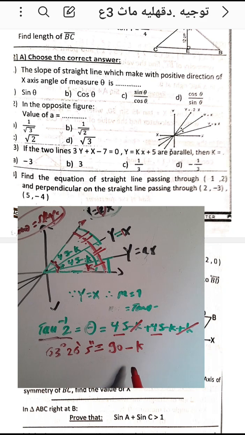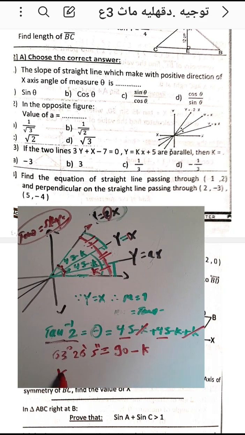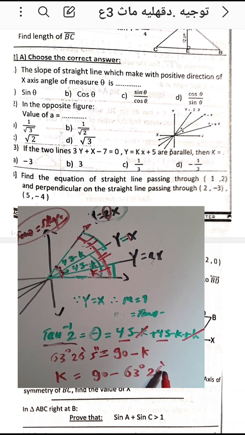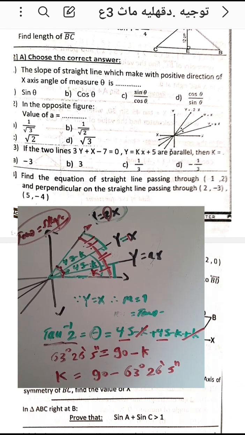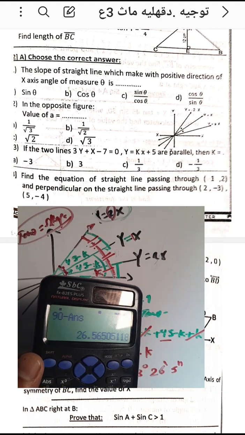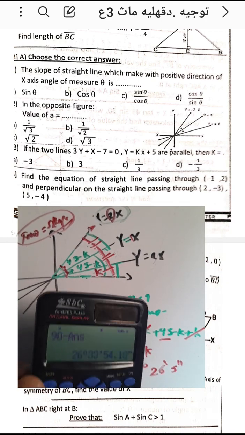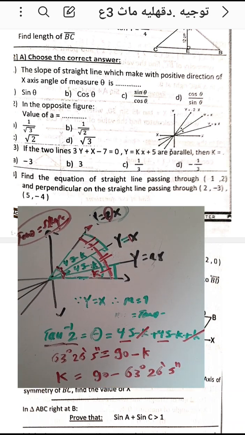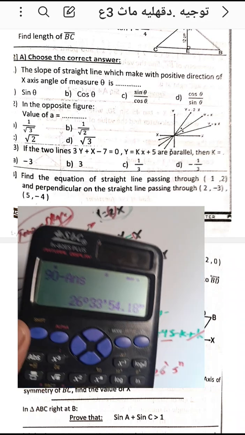You can move negative k to the left hand side, then k equals 90 subtract 63 degree 26 minutes 5 seconds. Then we can write 90 subtract answer, it will be 26 degree, 33 minutes, 54 seconds. Then the measure of angle k is 26 degree.